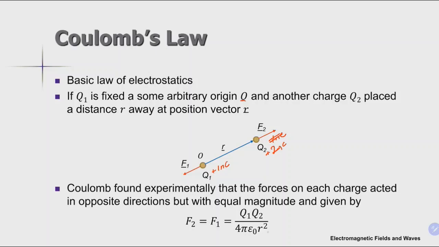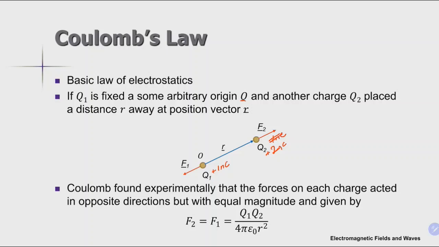Here r is the distance separating the two charges, and epsilon naught is a universal constant called the permittivity of free space. That's the formula for Coulomb's law in terms of its magnitude.